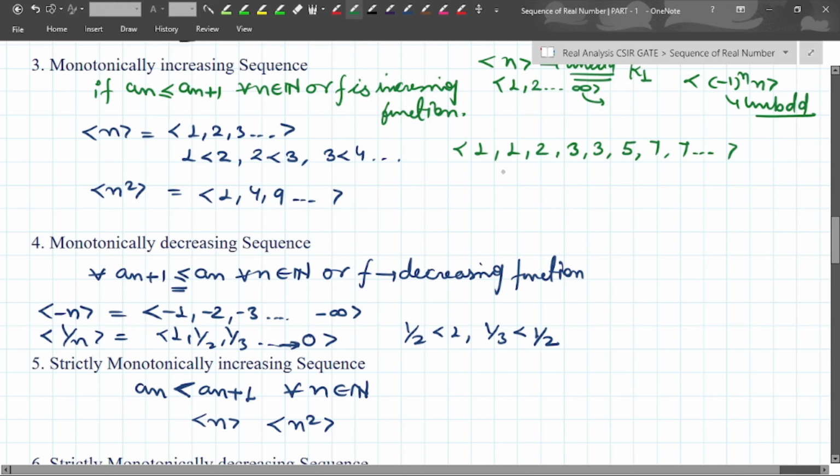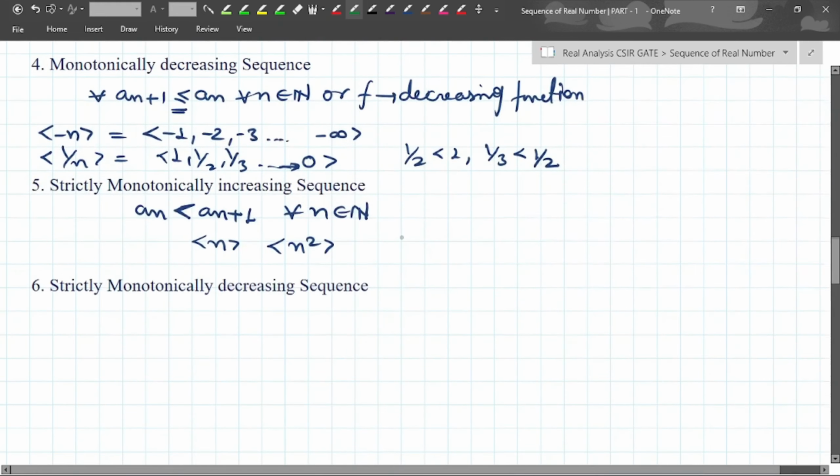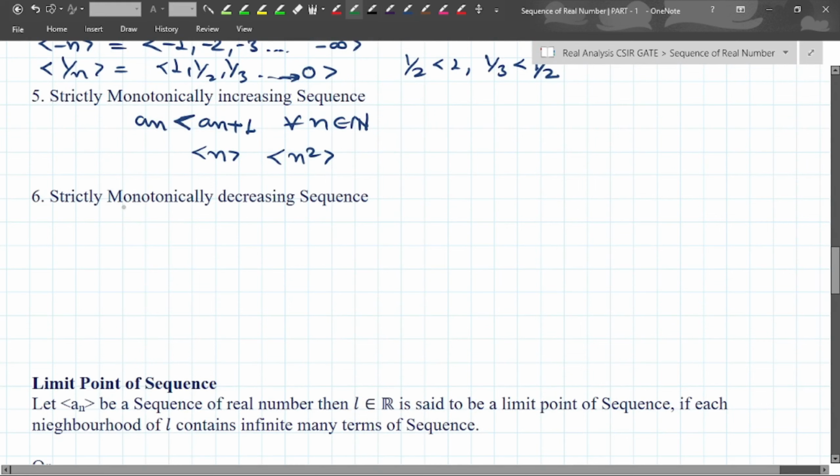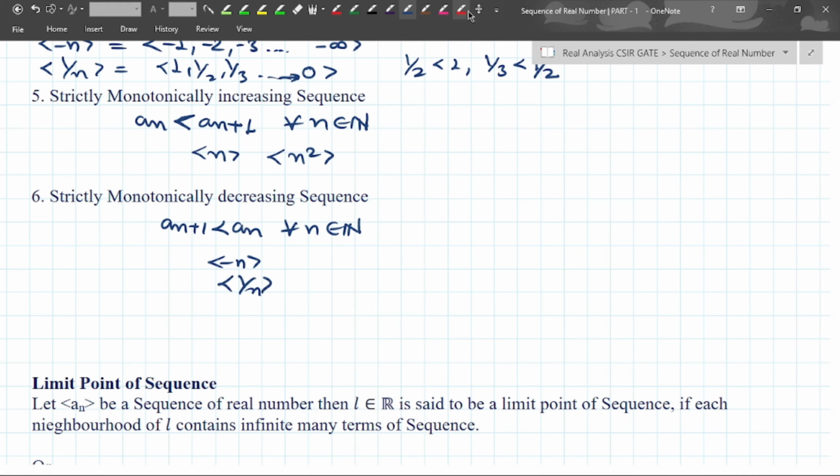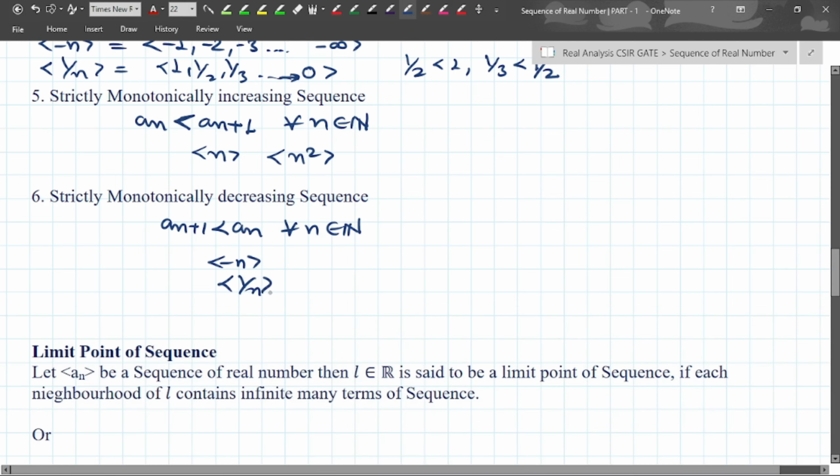This is monotonically increasing, but not strictly monotonically increasing. So these are the examples and this is the difference. Similarly, strictly decreasing means that a_(n+1) is strictly less than a_n for every n belonging to the natural numbers. For example, minus of n and 1 by n are other examples. Okay, this is about the types of sequences.